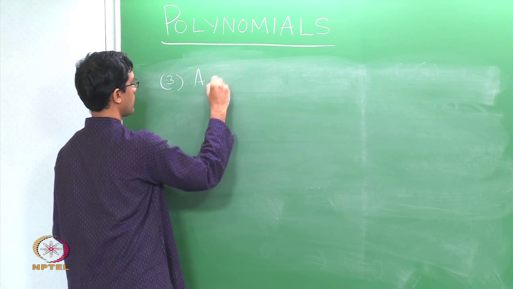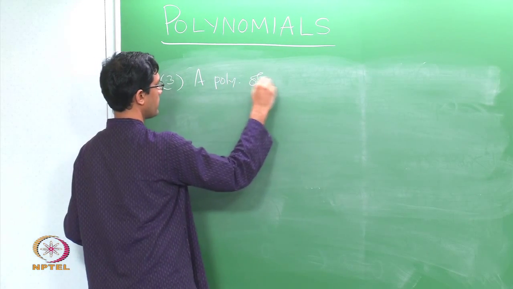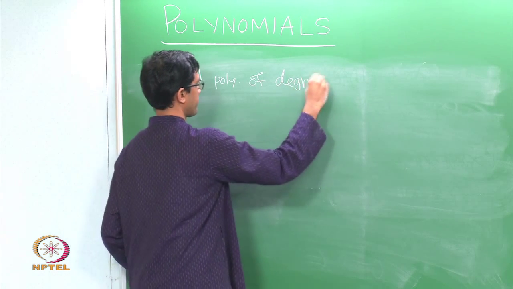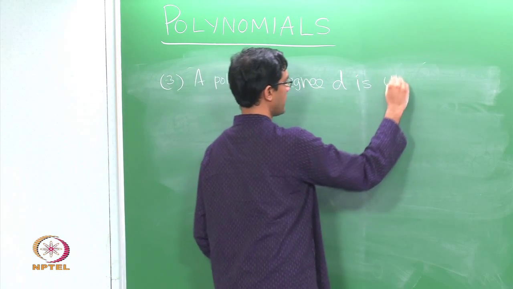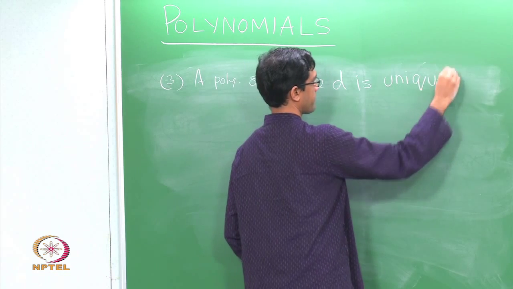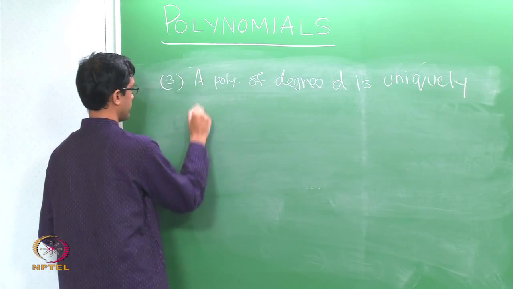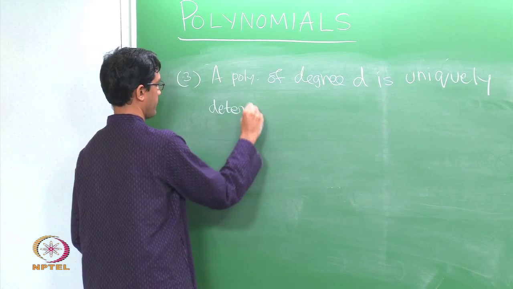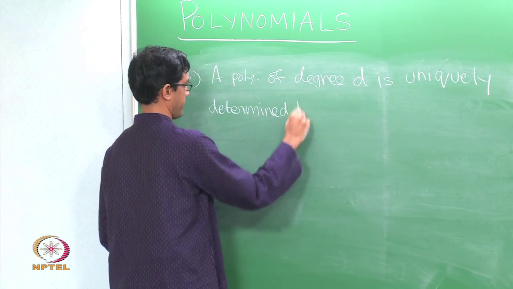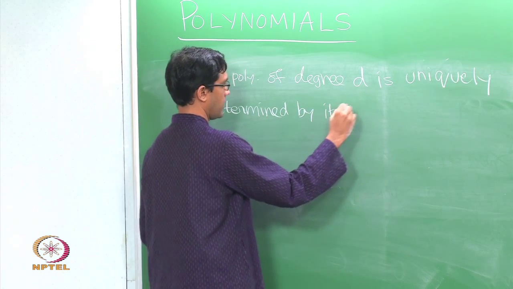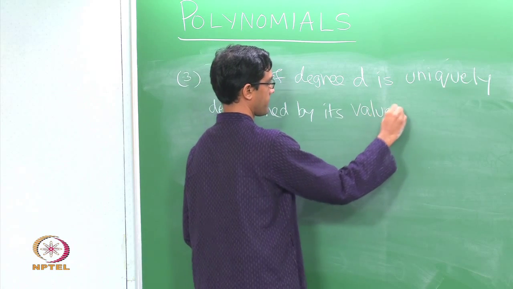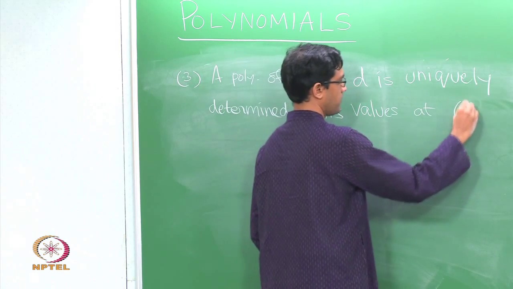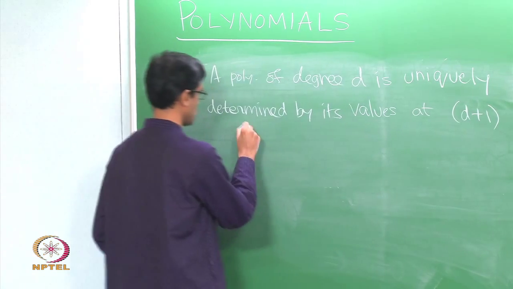A polynomial of degree D is uniquely determined by its values at D plus 1 distinct points.